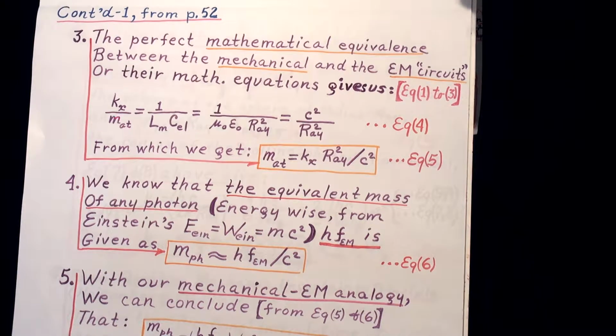So when you take the perfect mathematical equivalence between the mechanical and the EM circuit, or their math equations, it gives us equations 1 and 3 above.